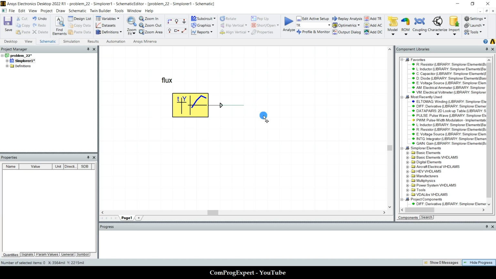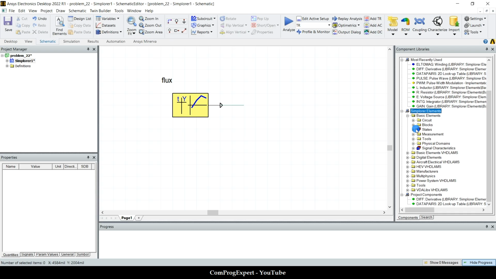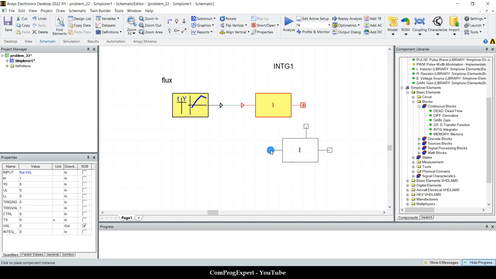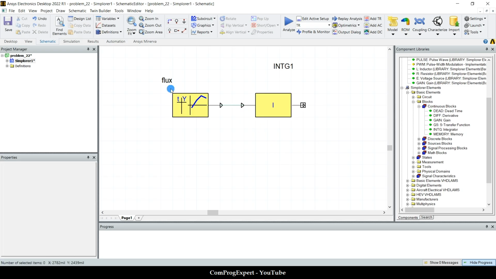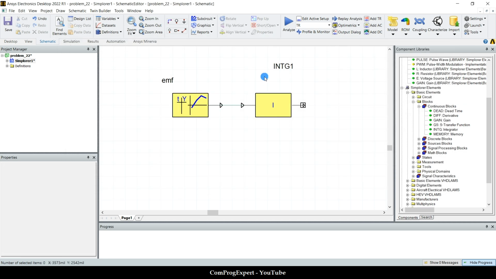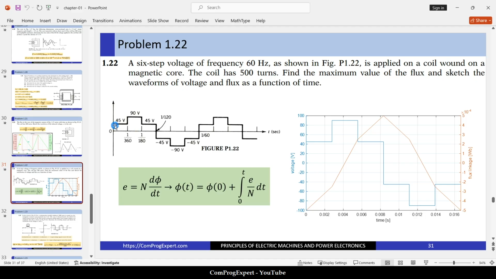Instead of the derivative, let's use the continuous block, integrator. Here this is the EMF, and when we use integration, we can calculate the flux waveform.